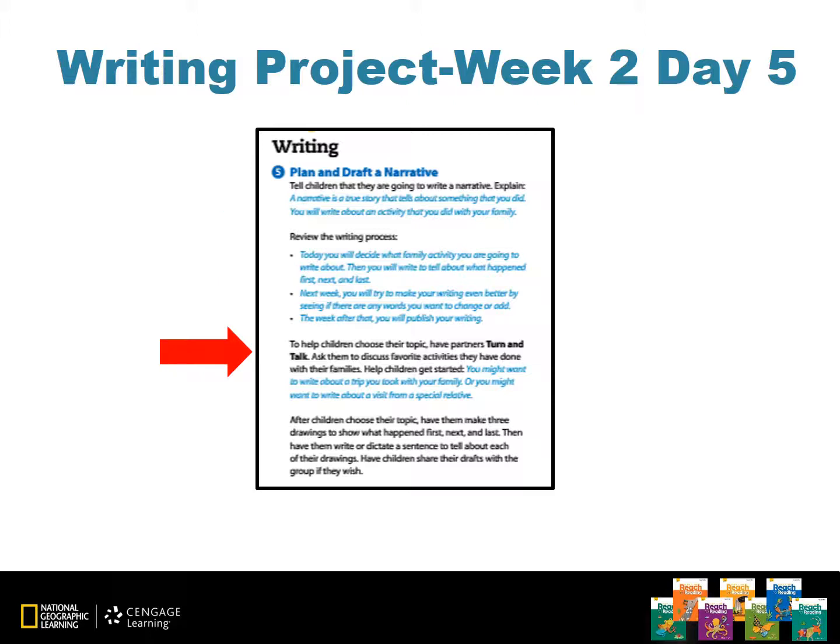Help children choose a topic, have students turn and talk to discuss their favorite activities that they have with some of their families. Teachers may want to give some of their own examples. And after children choose a topic, have them make 3 drawings to show what happened first, next, and last. You may have children share drafts with the rest of the class.